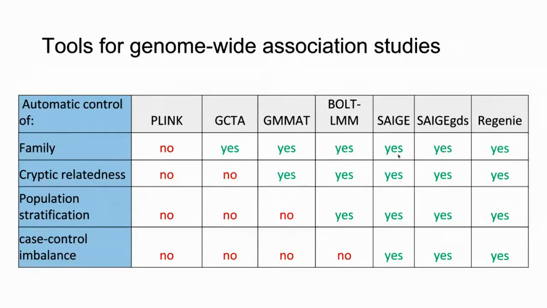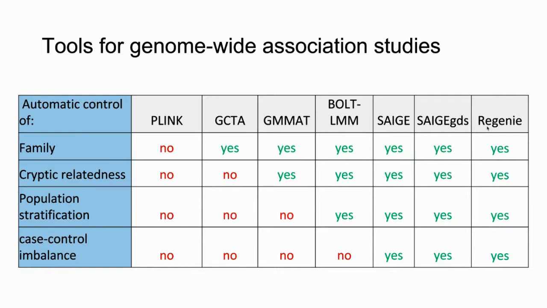SAIGE, which is our main tool now, improves and uses all of the algorithms that we mentioned, but it has a very good efficiency and precision. It also corrects fully the case control imbalance. So this is why we use this, but it's not only designed for binary traits. I want to stress that because most people think that that's the case, because it corrects for this.